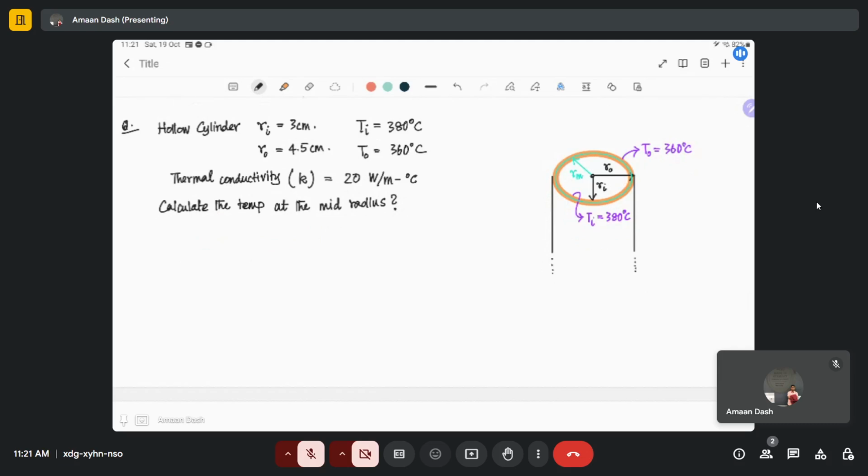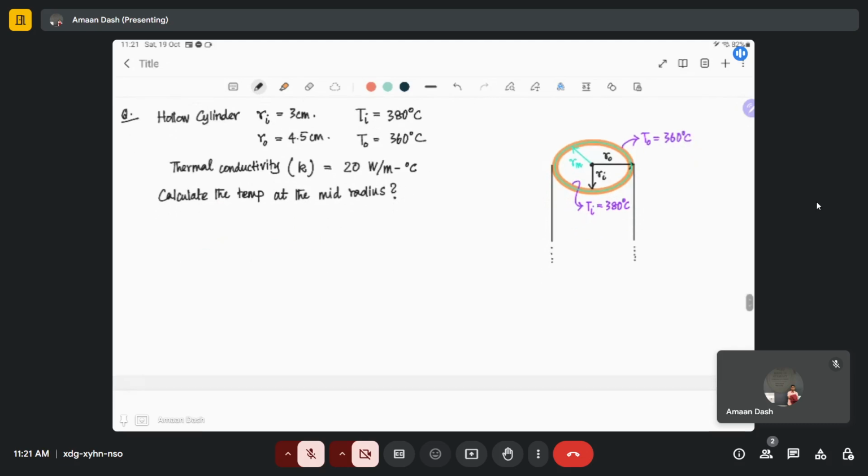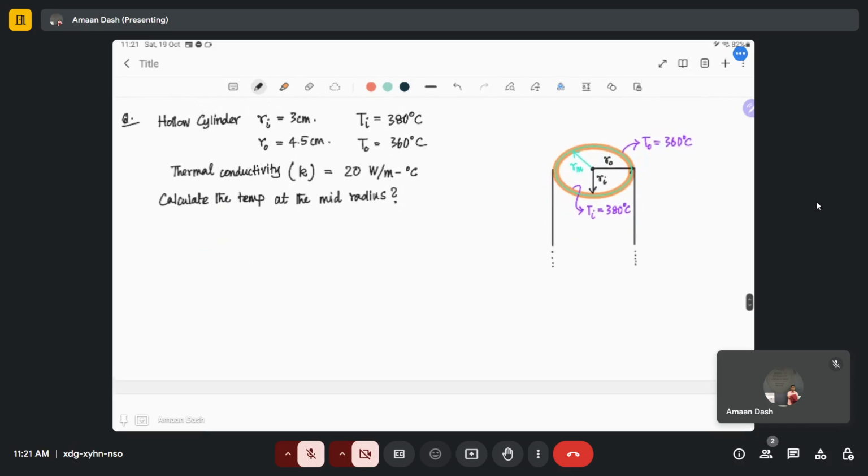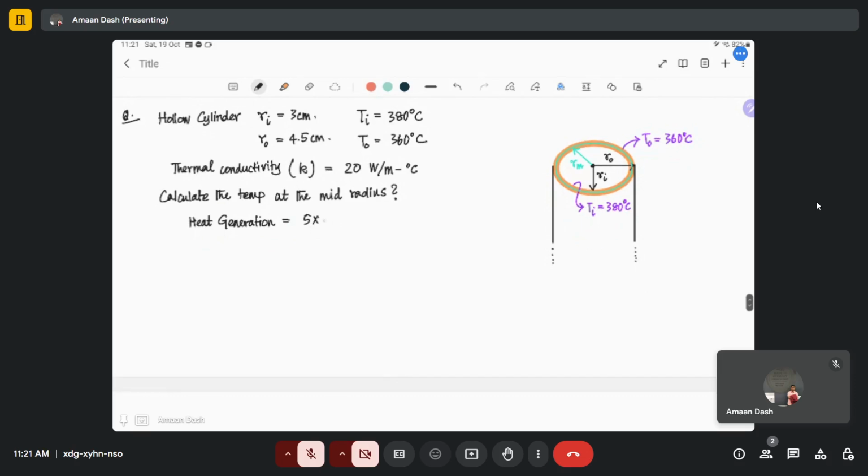I think this is pretty much straightforward, so you can directly do this. But we'll make it a little bit more complex. Let there be some heat generation as well, at the rate of 5 times 10 to the power of 6. Now you can try to solve this.